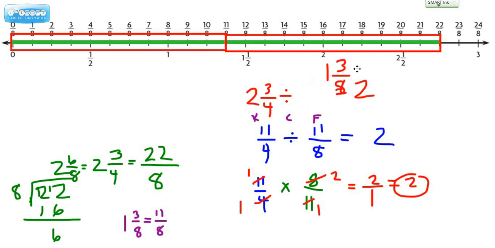Did you know that if we reverse these two things, if we put a 2 here and took 2 3/4 and divided it by 2 groups, that is 1 3/8 per group.